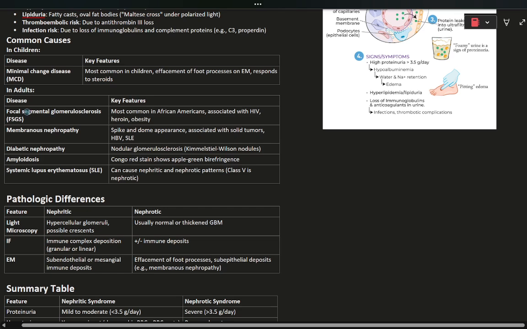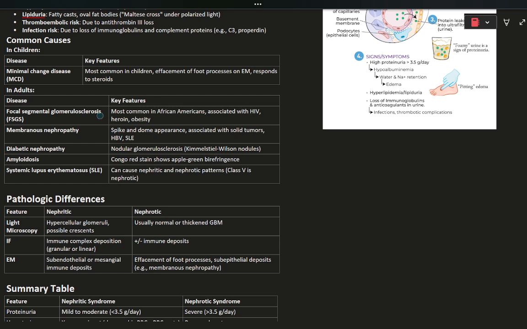In adults, some common causes of nephrotic syndrome include focal segmental glomerulosclerosis, membranous nephropathy, diabetic nephropathy, amyloidosis, and systemic lupus erythematosus.